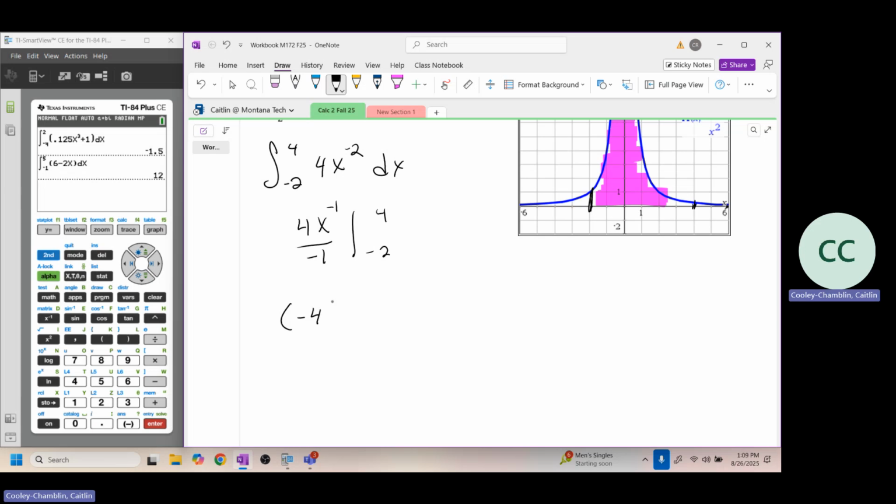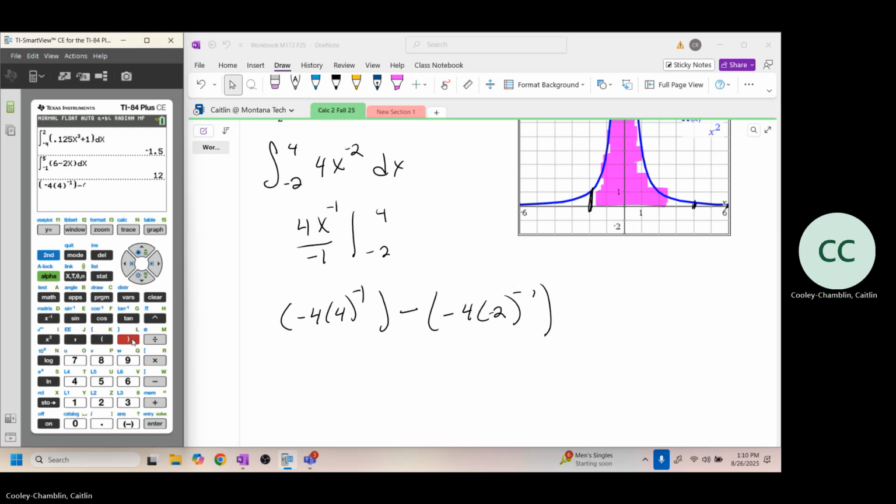So -4 times 4 to the -1, minus, open parenthesis, -4 times -2 to the -1, close parenthesis.